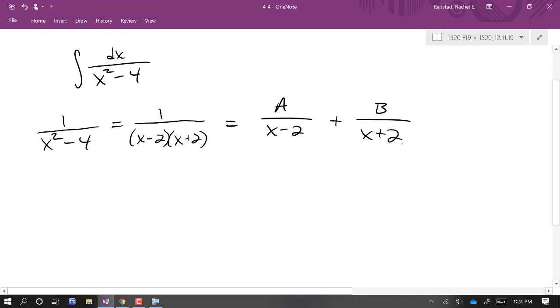Now this seems plausible that this could be the result of this, because if I had some constants over x minus 2, x plus 2, if I wanted to add these fractions, I'd have to get a common denominator. That denominator would be their product, right, because they don't share anything in common. So then we just want to figure out what those constants are. And if they are constants, then I could just integrate this by integrating that sum, and both of these would be a log form.